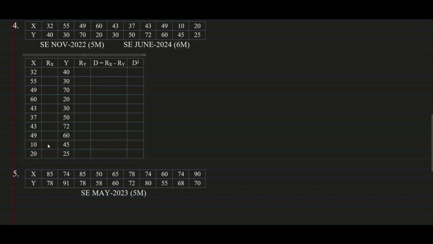The smallest value is ranked 1, then followed by 20 ranked 2, 32 ranked 3, then 37 ranked 4. Now 43 occurs twice for ranks 5 and 6. Hence the average of these two, that is 5.5, will be assigned to both the 43s.